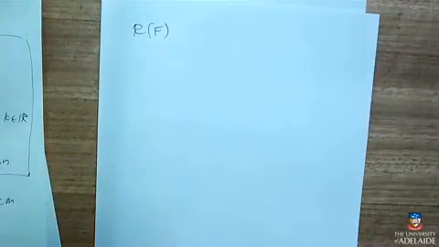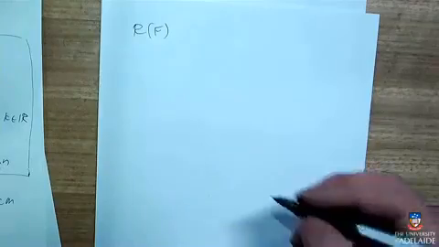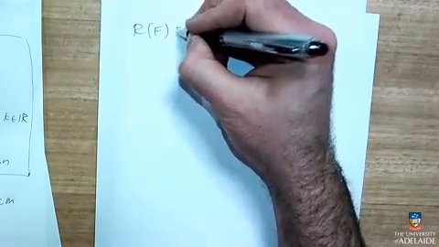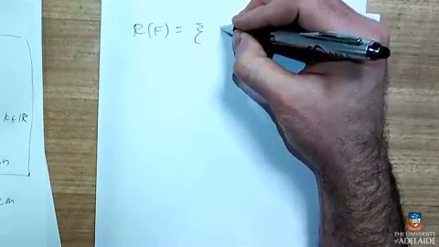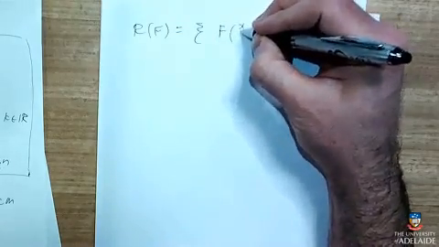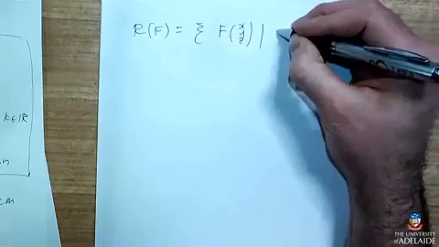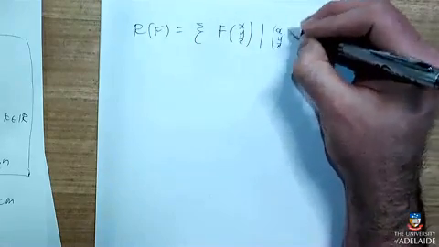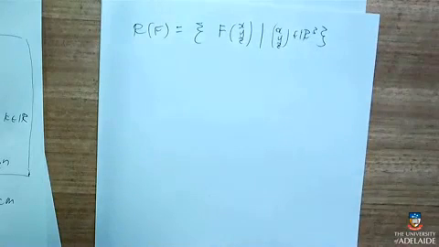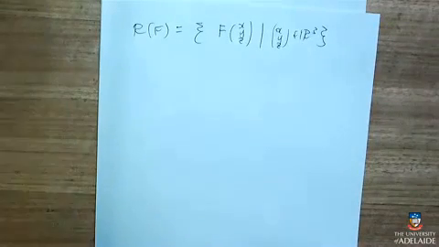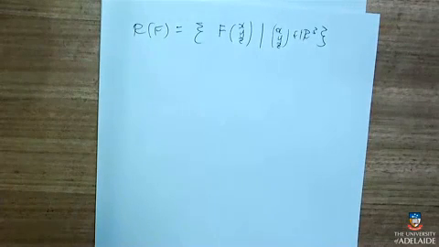Okay, so the range of f is everything that comes out. So it's a set of all of these things, right? I can write it this way, it's a set of all f of x, y, z's, such that x, y, z is in R3. So that's an alternative way of writing it, which I probably should have put back on the other page. How did I write it on the other page?